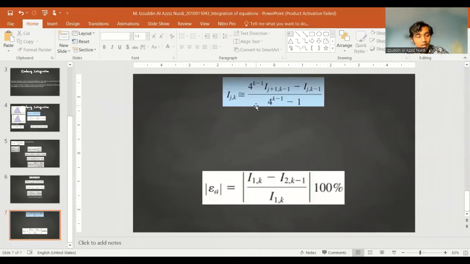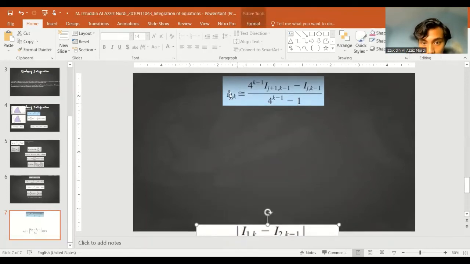And this is the basic form of Romberg integration, I_jk, as you can see right here, and I can show you like this is the H1, H2, H3, and what is I_jk, and what is that?